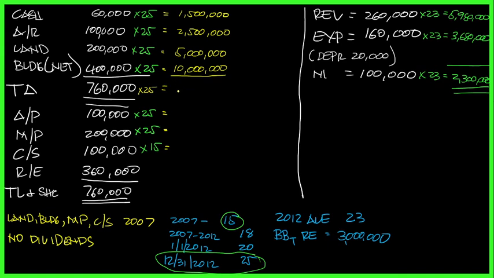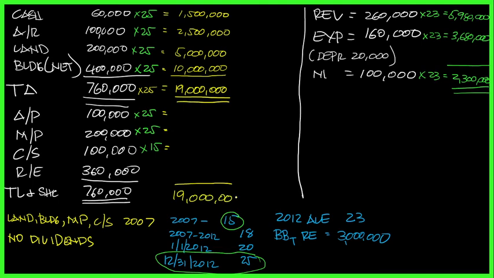So, you get a total of 19 million. Okay, so this should be your total assets. Ibig sabihin, this should also be your total liabilities and stockholders' equity. O, di ilagay na natin. This should be 19 million.